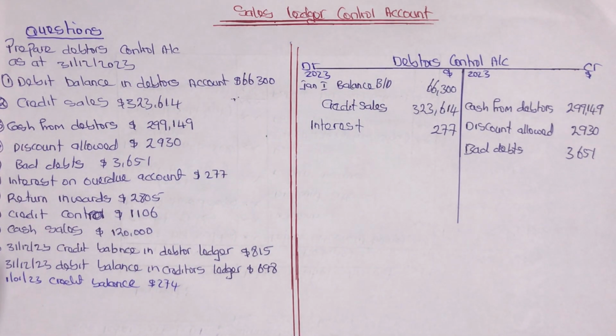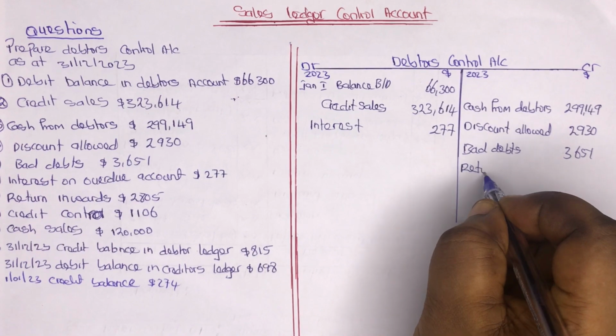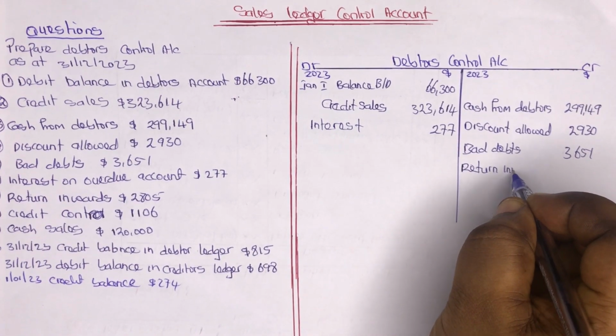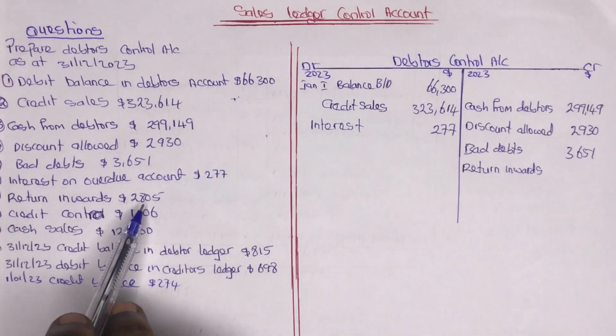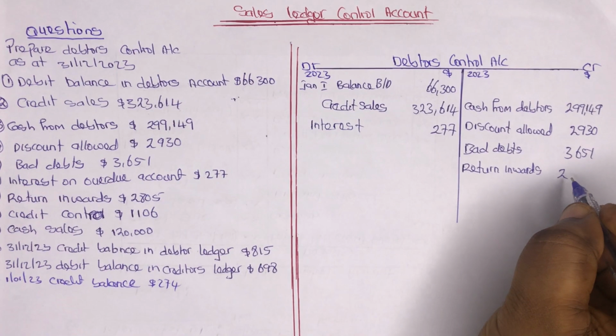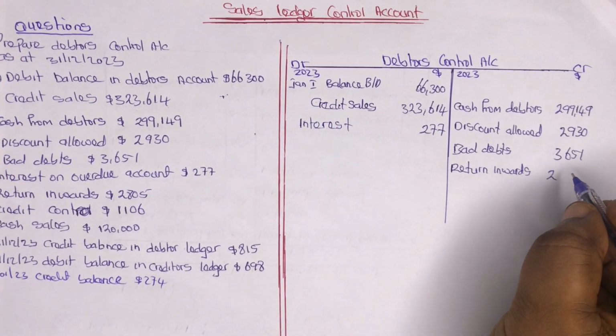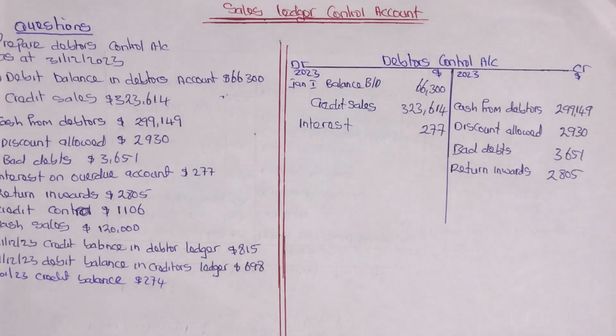The next item is return inwards. Return inwards goes to the credit side. The return inwards amount is $2,805.